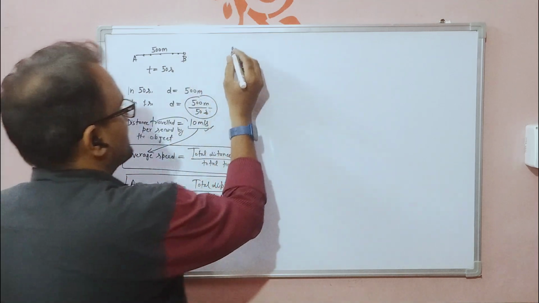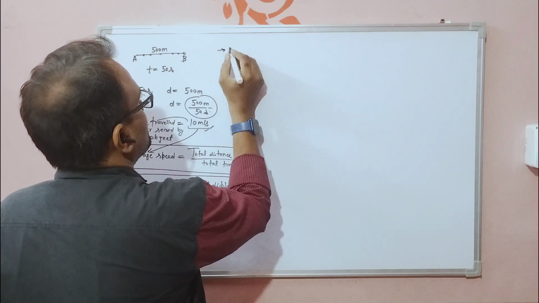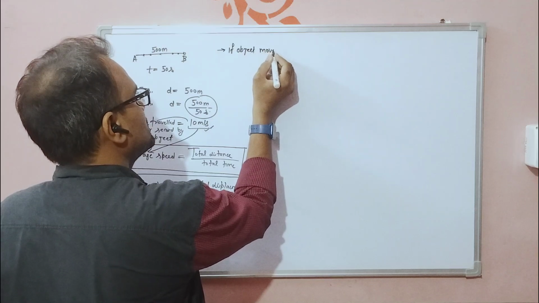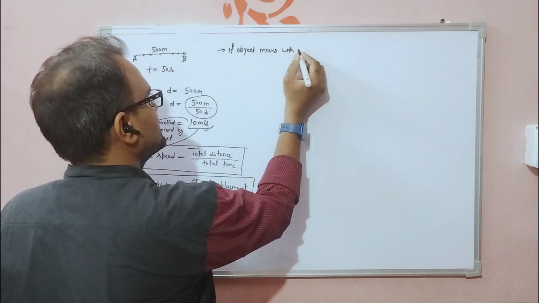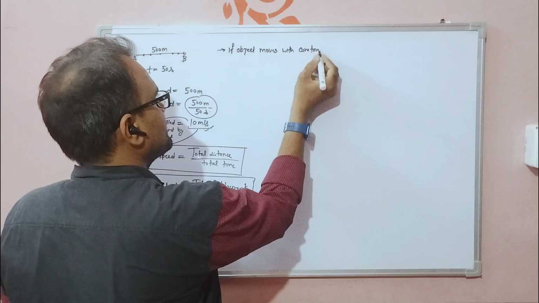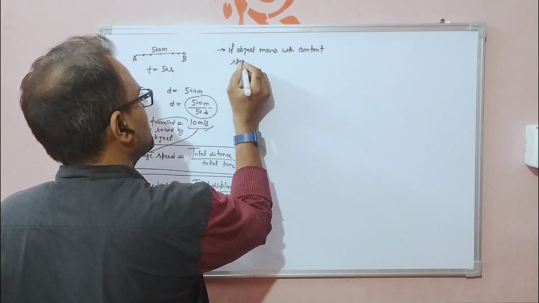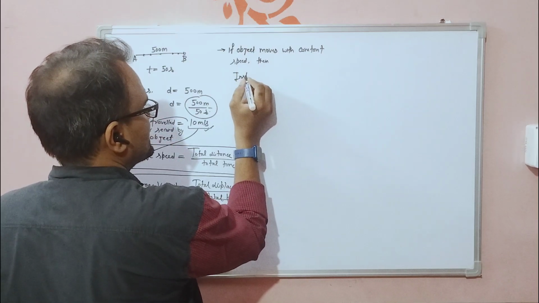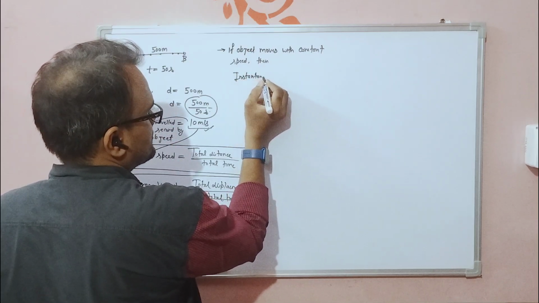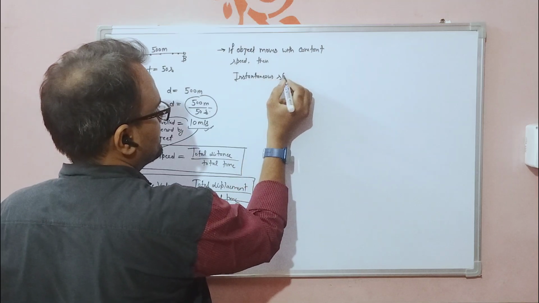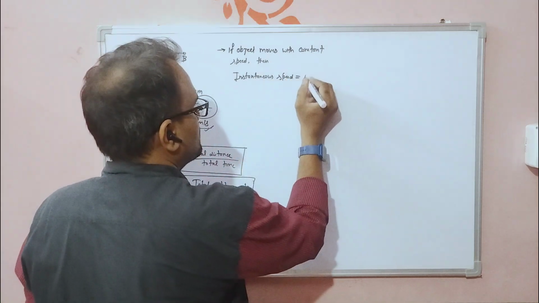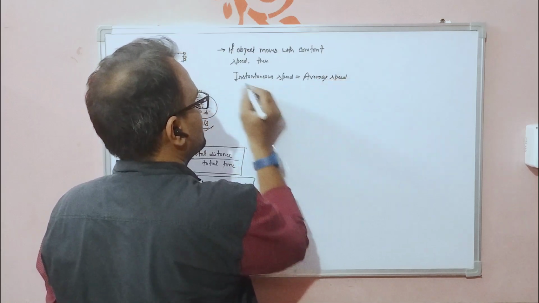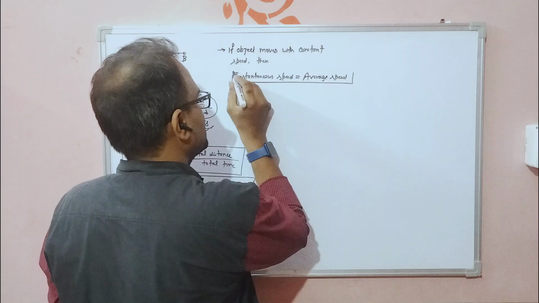So we can write it here: if the object moves with constant speed, then instantaneous speed is equal to average speed, right?